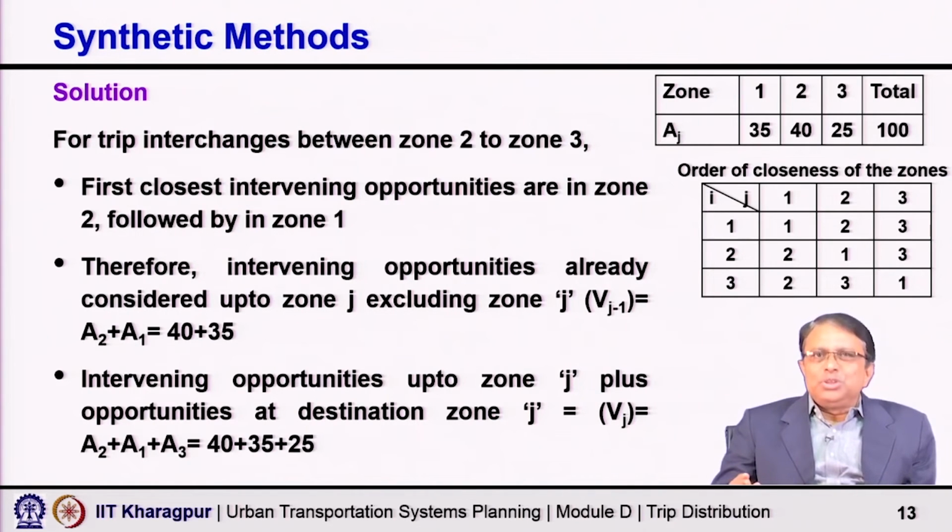Then up to zone j means along with this we add zone 3 also, the attraction of zone 3, 25. So V j minus 1 is 40 plus 30, and V j will be 40 plus 30 plus 25. That clearly explains the whole thing.